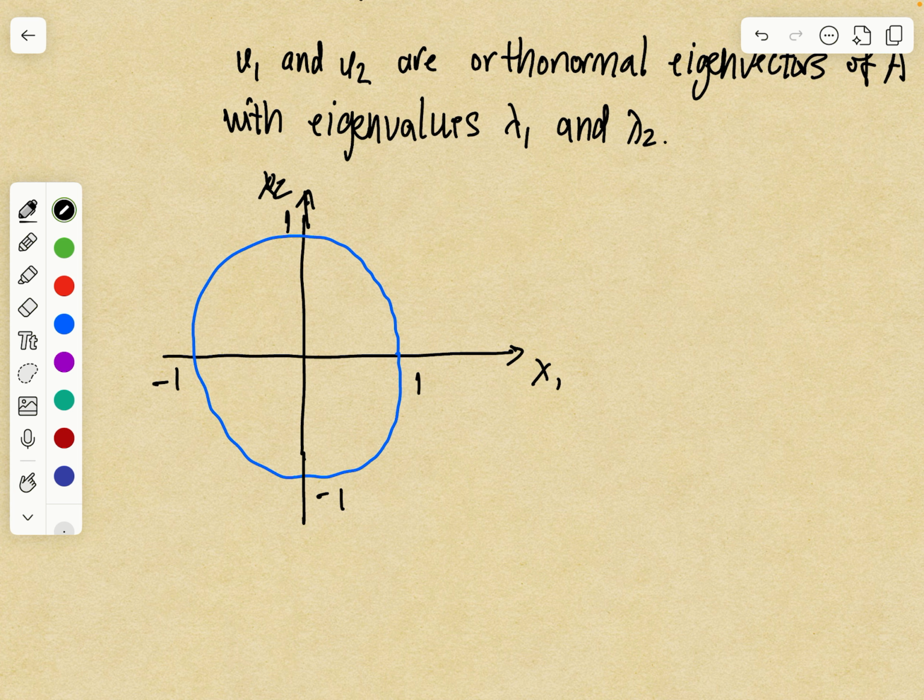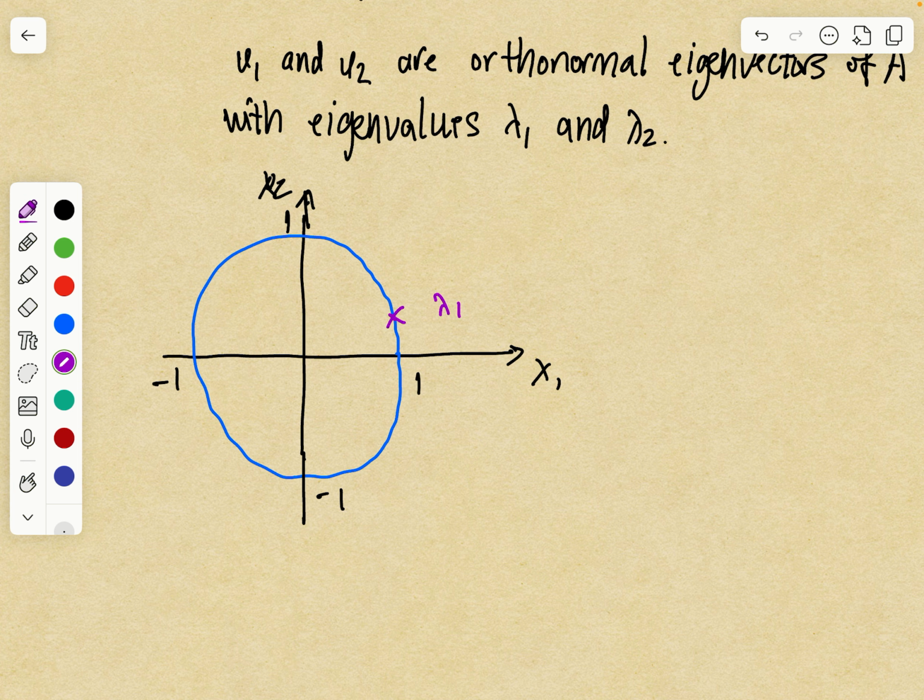If you only look at the values of this quadratic form on the unit circle, then it turns out that it has the largest value, which is lambda 1.